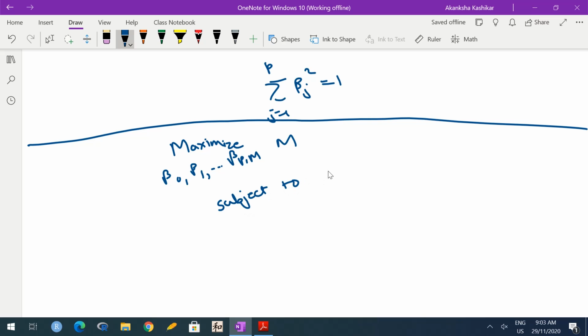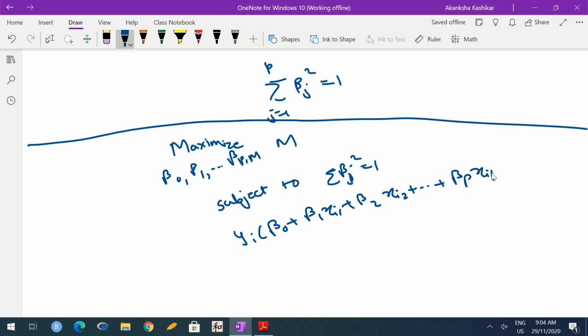Subject to summation of beta j square equal to 1, and yi times (beta naught plus beta 1 xi1 plus beta 2 xi2 plus beta p xip) should be greater than or equal to m for every i in the data set.